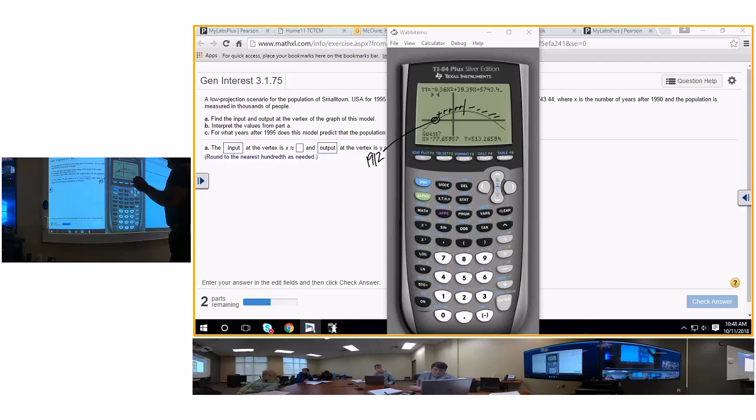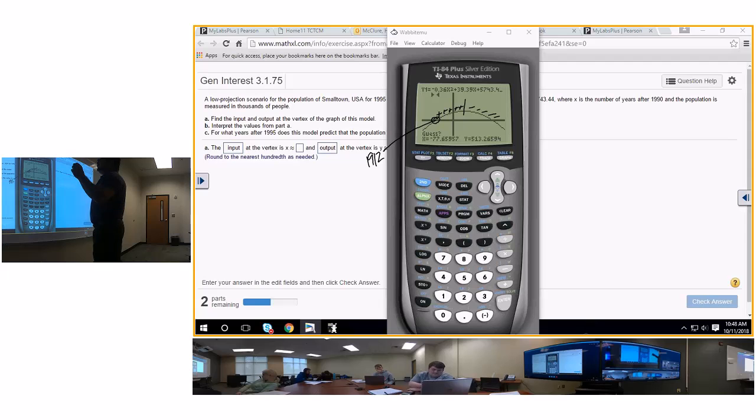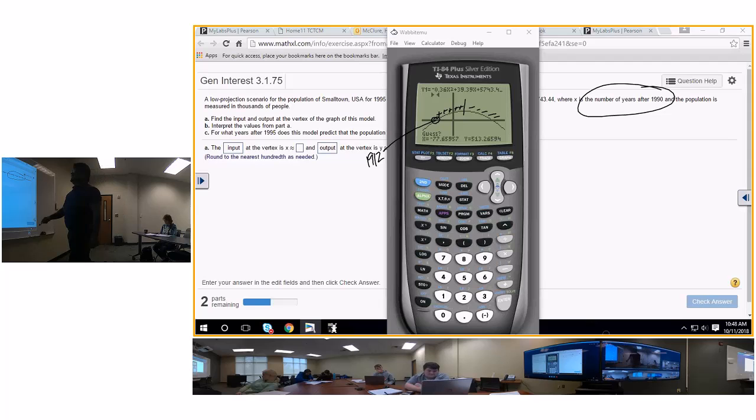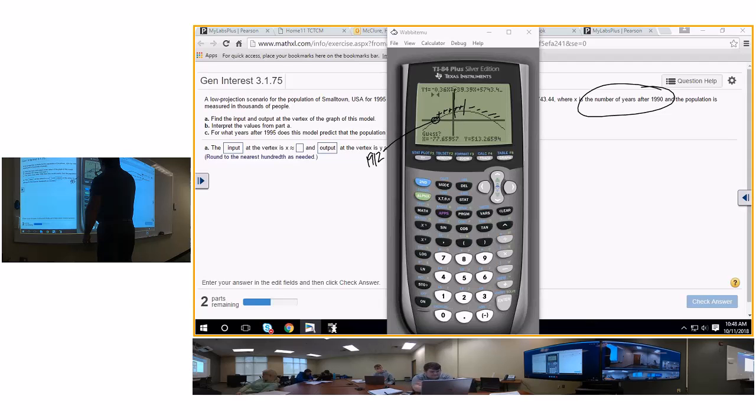But they don't want to know 1912. They don't want to know that. Why? Because numbers since 1990. 1990 is 0. 1990 is this y-axis right here. Okay? So, you would say from 1990, somebody give me that, what was that vertex again? 54.7.